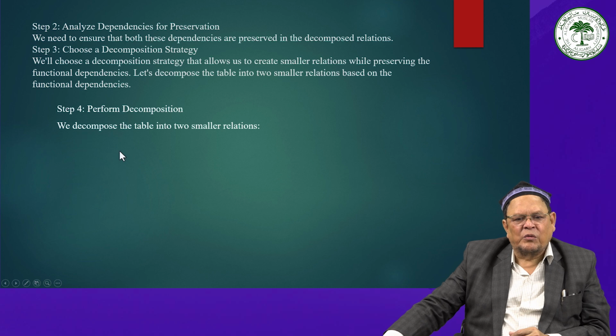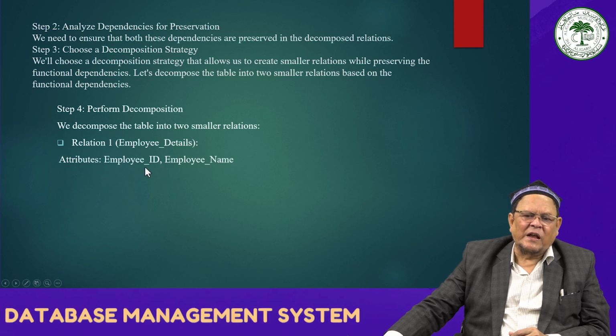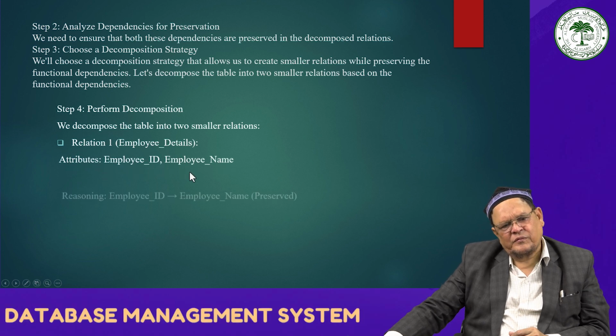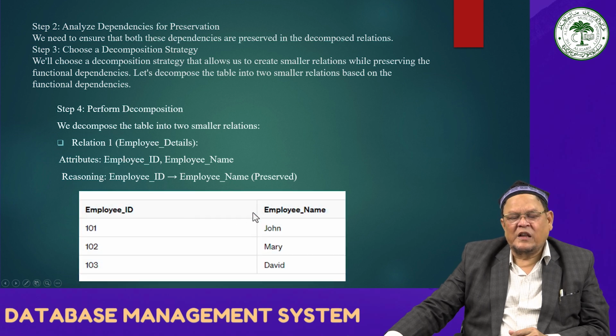So perform decomposition. We decompose the table into two smaller relations. One relation, EmployeeDetails, has attributes Employee ID and Employee Name, and the reason is Employee ID determines Employee Name is preserved. So you check, oh, this is good. Then you can see on the screen the table.